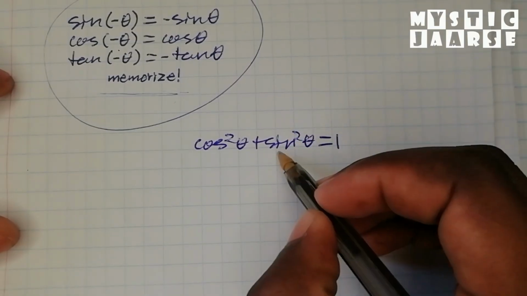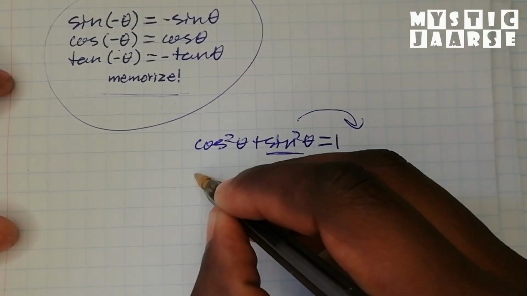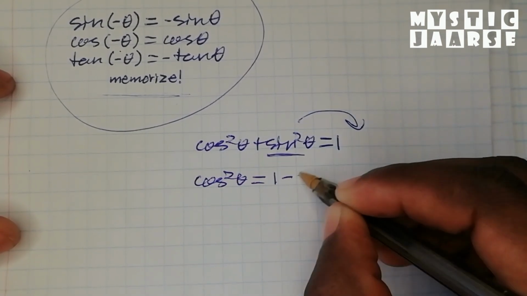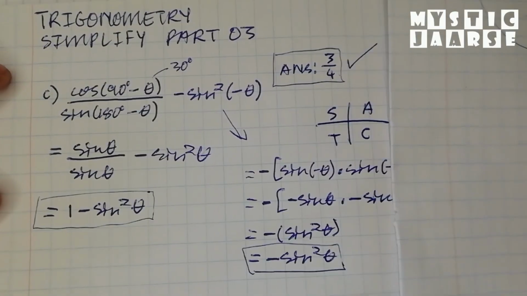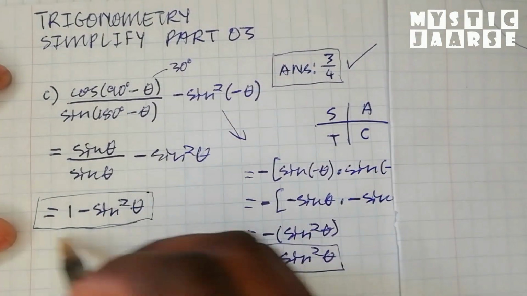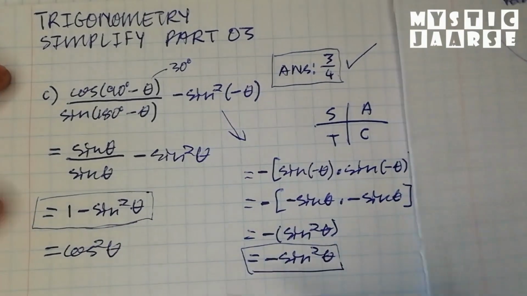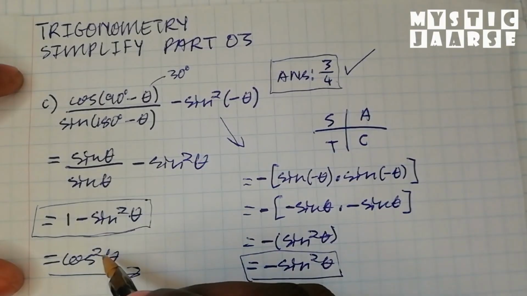What would happen if we transpose sine squared theta to this side? We will get cos squared theta is equal to 1 minus sine squared theta. This is what we have here. So this is equal to cos squared theta. Now this is our simplification. This is our final answer.